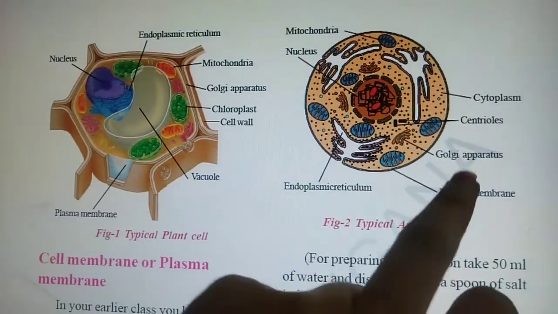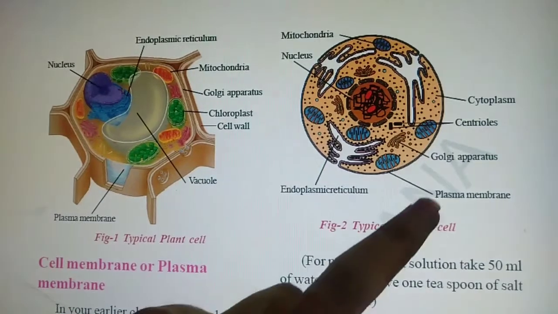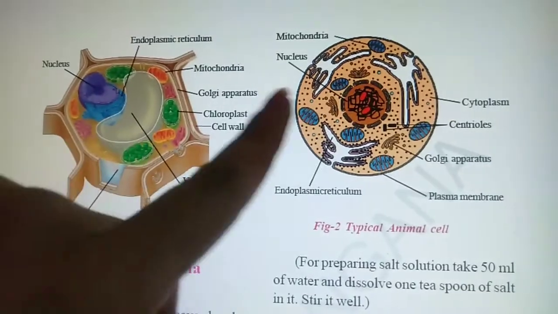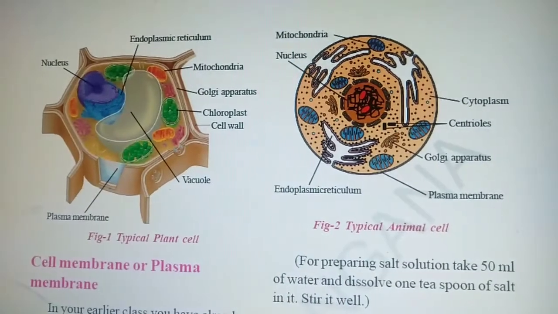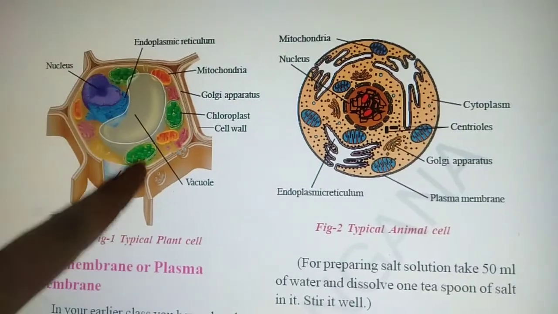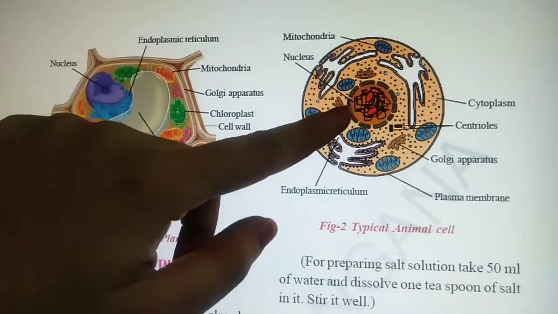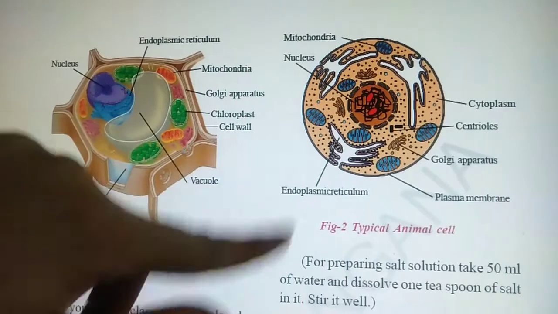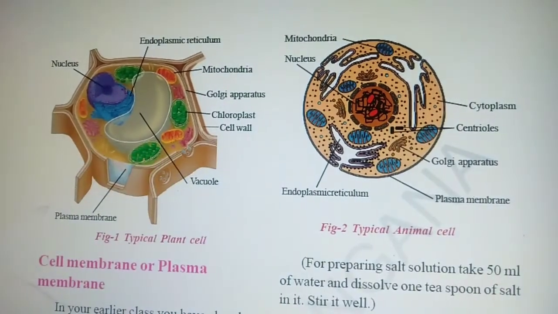Whereas Golgi apparatus and mitochondria are present in both; these are common in both the cells. Here you will study each and every part of the plant and the animal cell and their structure and function.